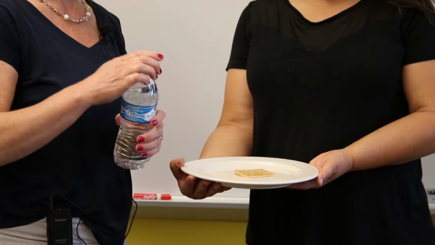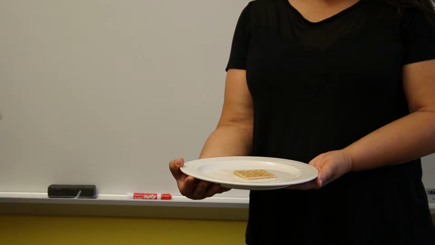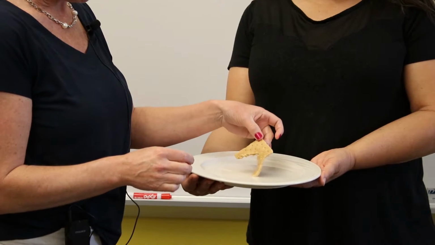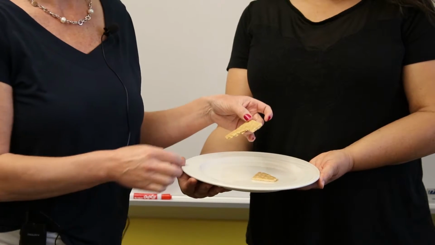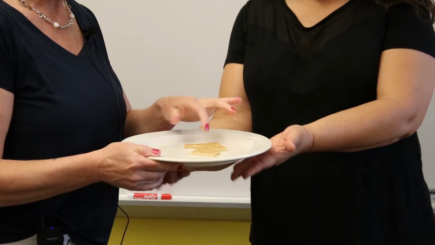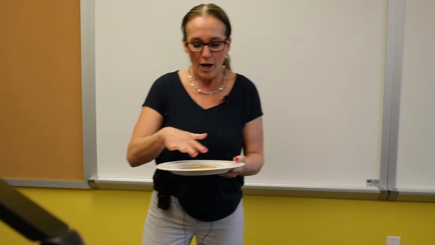So if I let it sit there for a second, it kind of falls apart. It'd be a lot better if I had some milk, right? But you can kind of see that erosion just destroys and takes away. So I'm going to show you some things.